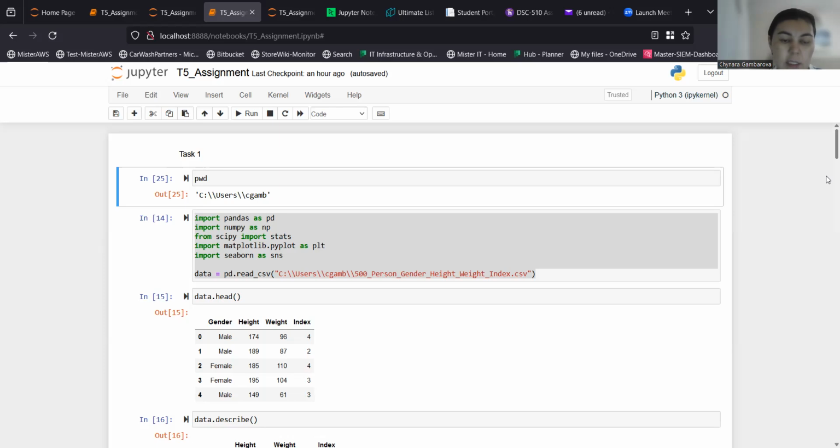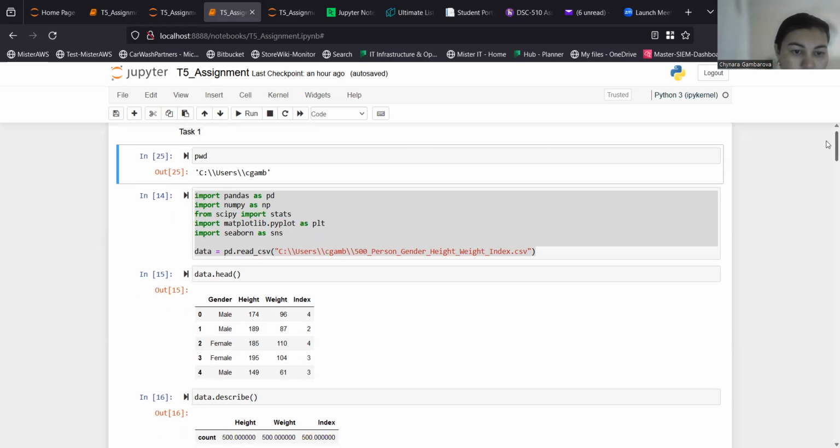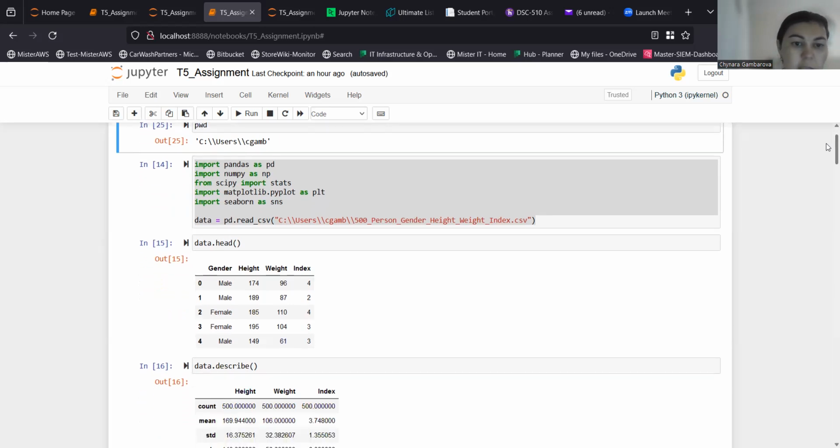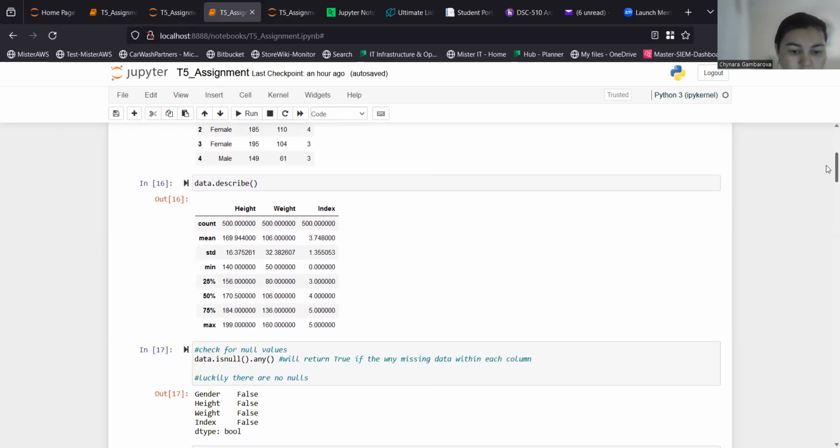So I used the dataset from Kaggle, and this dataset's name is 500 persons, gender, height, and weight. Here I am, as usual, importing my libraries and then looking at the dataset itself.